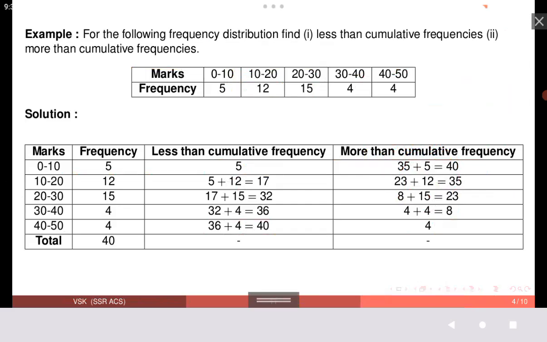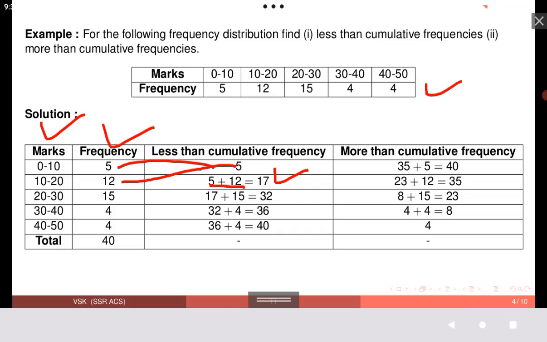For this, we'll first write the class interval, then we'll write the frequency, which is written over here. And for the less than frequency, how will we obtain it? 5 will come as 5. Then to 5 we will add 12 and write 17. So 5 plus 12 is 17.